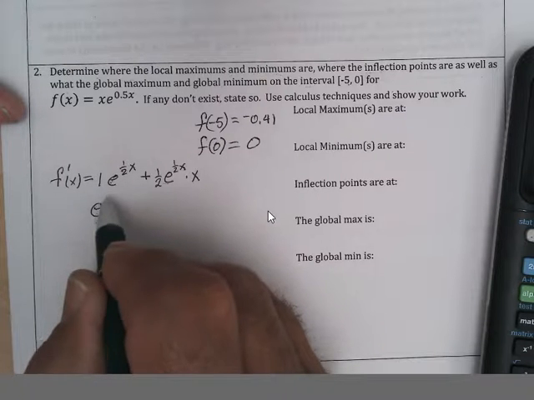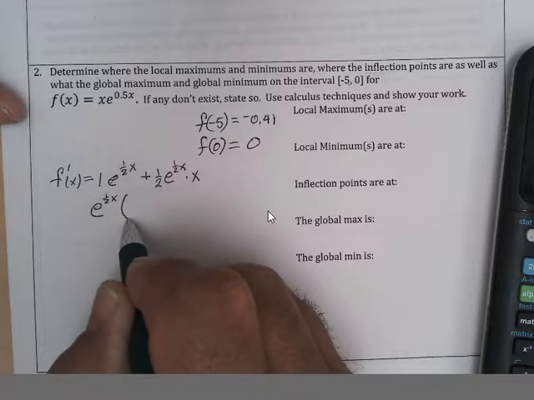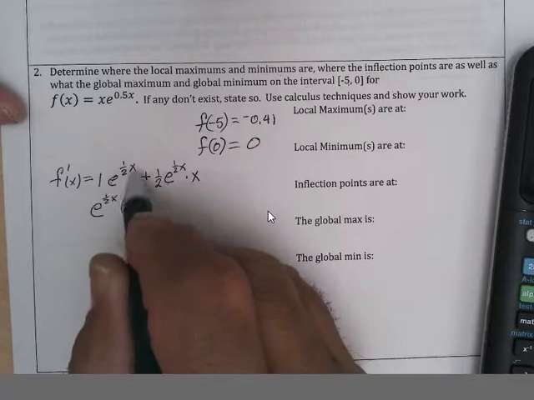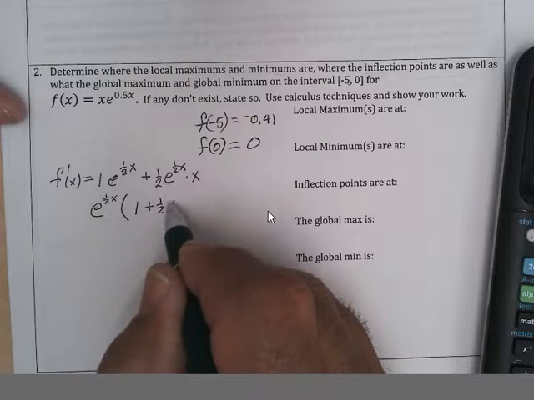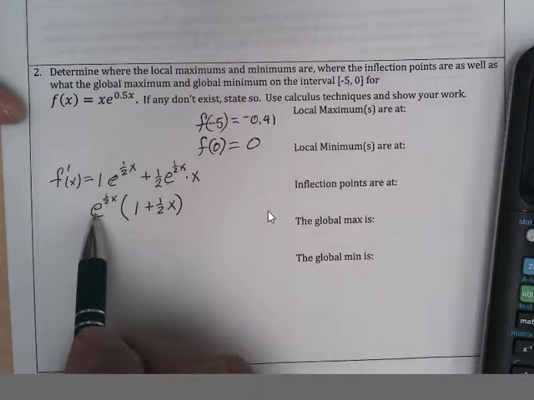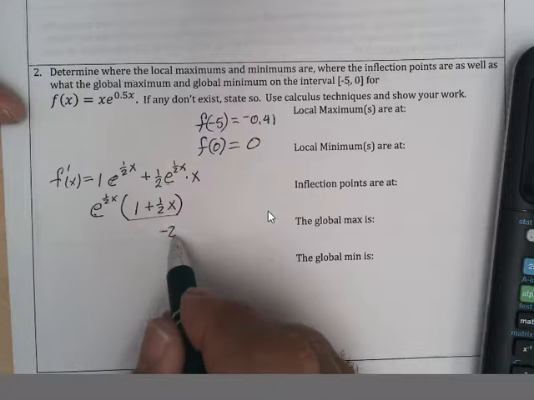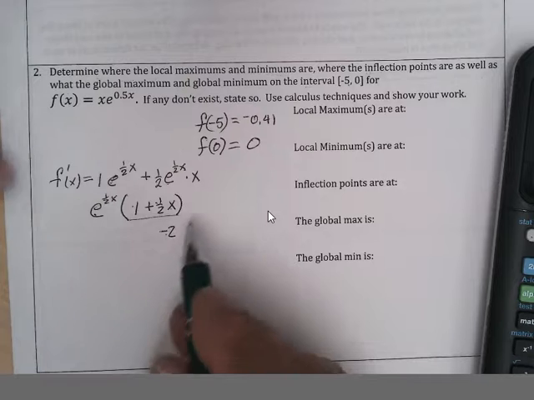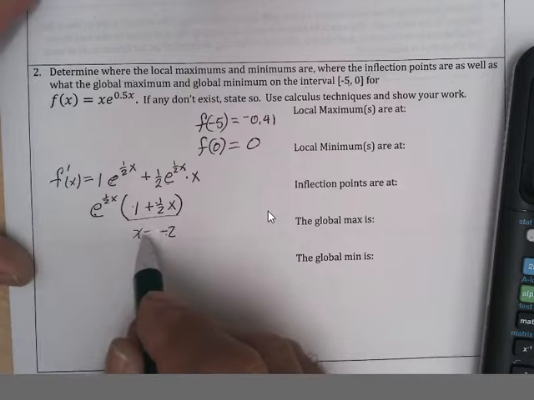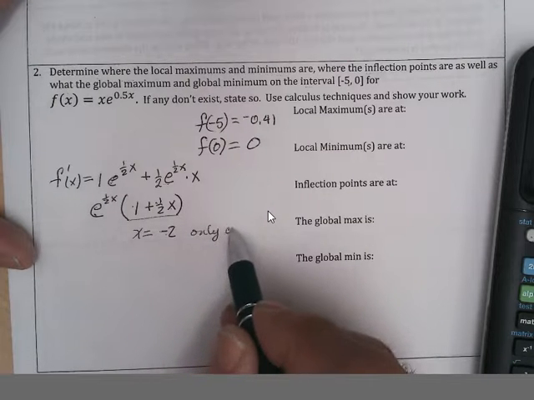So if I factor that out, I'm left with 1, I have to have a 1 for this one, plus 1/2 x. That's never 0. So this is 0 when x is -2, because -2 times 1/2 is -1, plus 1 is 0. So at x equal -2 is our only critical point.